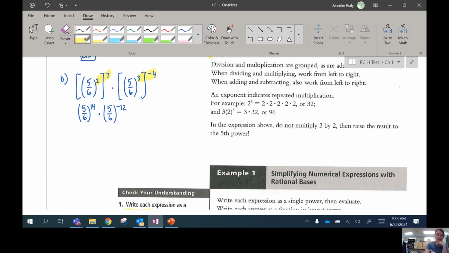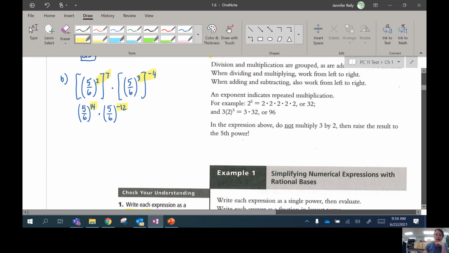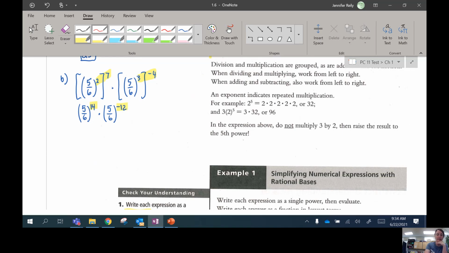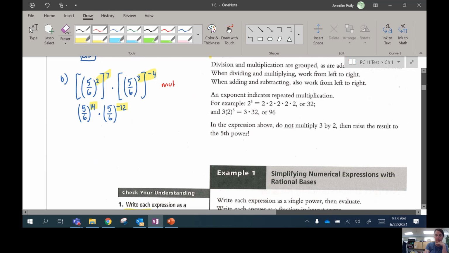And now we've got a product of 2 powers with the same base, so we get to add the exponents. So I'll put here multiply exponents. Now we're going to add the exponents. And so that would be 5/6 to the power of 2, because 14 plus -12 is 2.